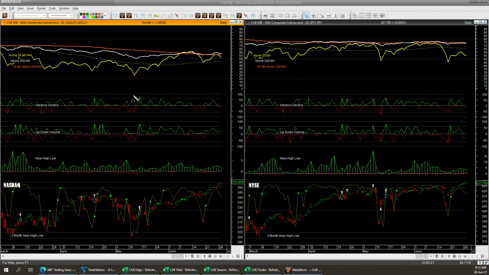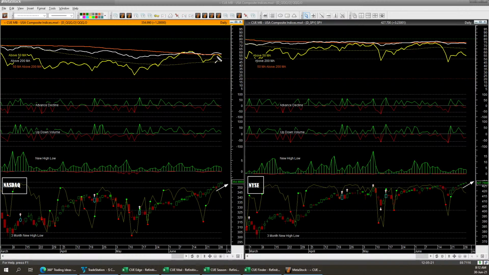We know that from the other market level analysis that we'll carry out momentarily. Let's look at the market internals using the Nasdaq and NYSE composites first. The candle charts are for QQQ and SPY. They made new all-time highs, went up since our last webinar.